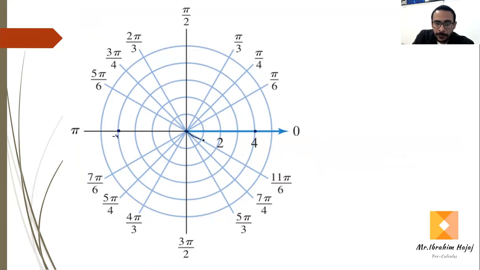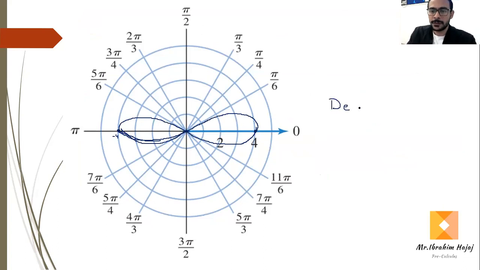Then move counterclockwise. You can take a few points. It's like infinity. It should look like this, right? And you can use the Desmos graphing calculator to check your answer.